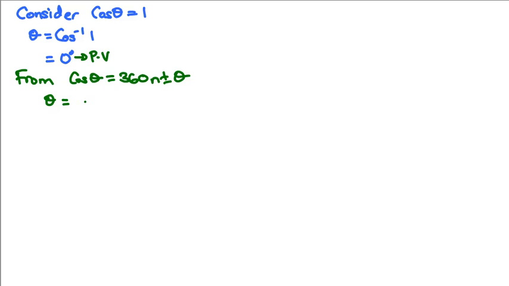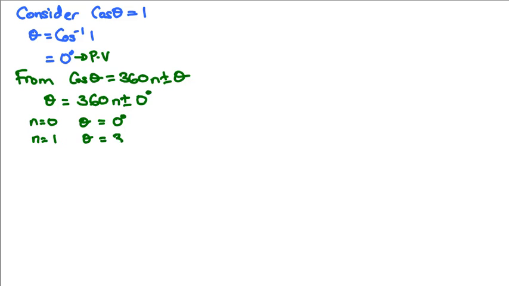Now when we consider the first one, cos theta is equal to 1, you realize that when you obtain the arc cos of 1, we get theta is equal to 0 degrees, and that's what we call the principal value. And so if I'm interested in finding other angles given the principal value of 0 degrees for theta, we put in our equation the general formula we wrote down: theta is equal to 360n plus or minus the principal value.